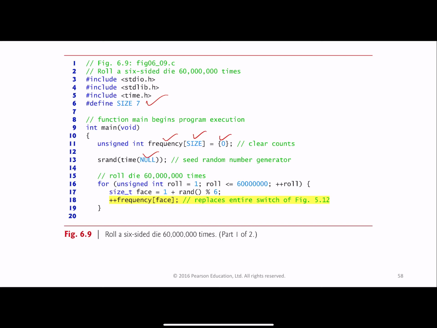We seed the pseudo-random number generation function, and then run a for loop 60 million times, in which we generate random integers between 1 and 6, store that in face, and then increment the value of frequency[face].